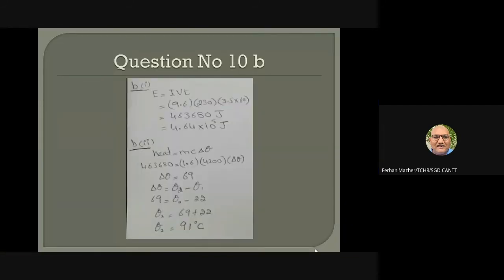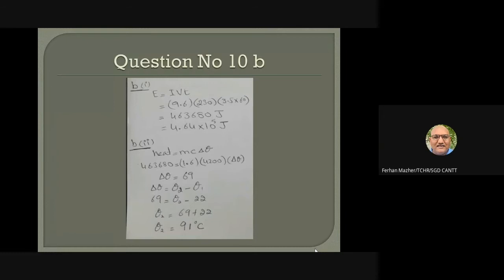On your screen, the B second part calculation is showing. Heat equals mc delta theta. Heat is 463680 equals mass 1.6 kg, and the specific heat capacity is 4200 joules per kg per degree centigrade, and delta theta is the unknown.